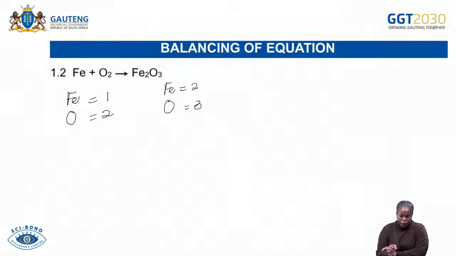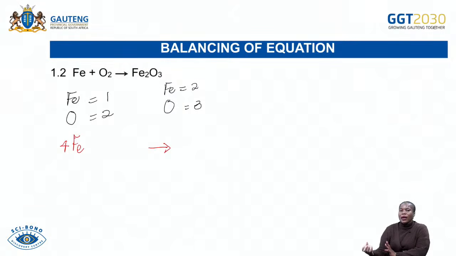What can we do here? Let's do something. So I'm just going to start with iron. If I add 4 here to make then iron to be 4 atoms of iron, let's fix the other side.